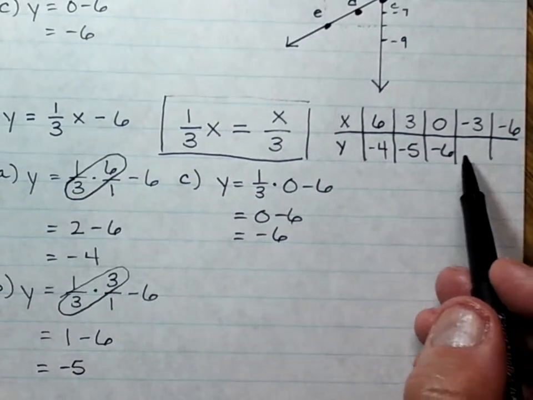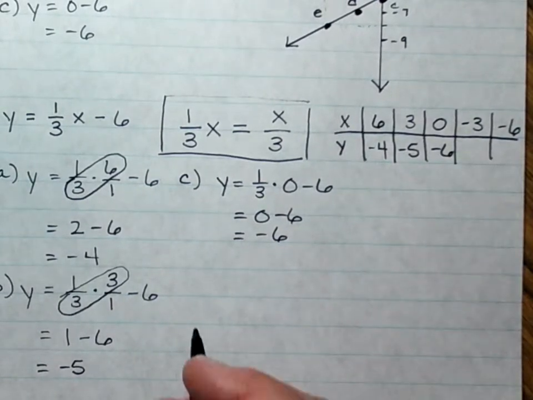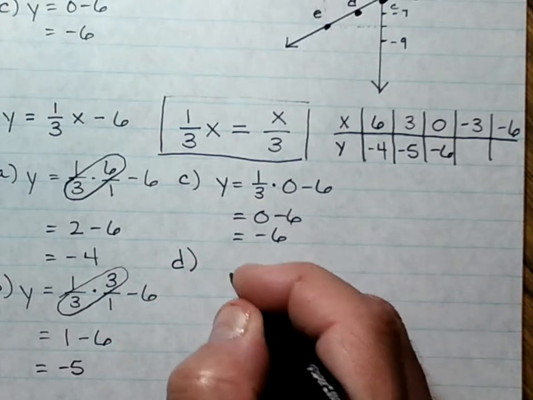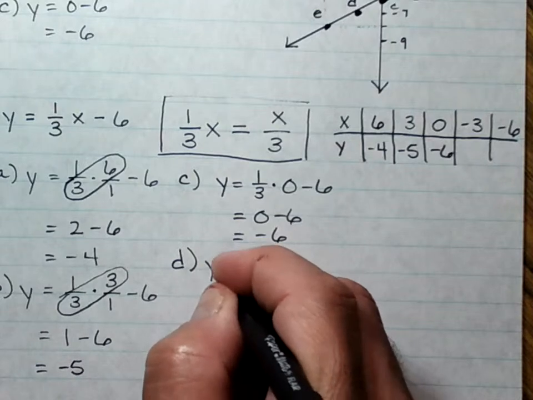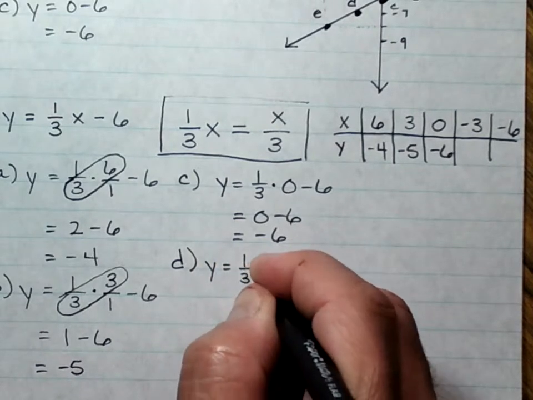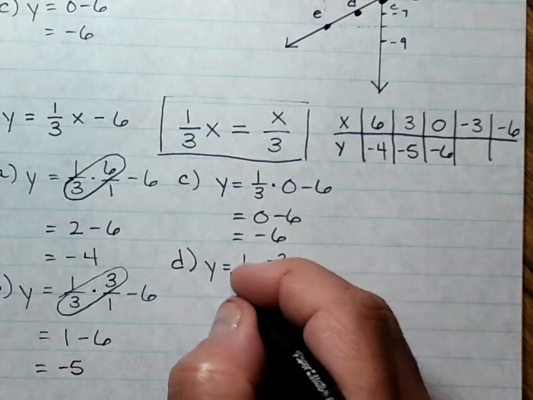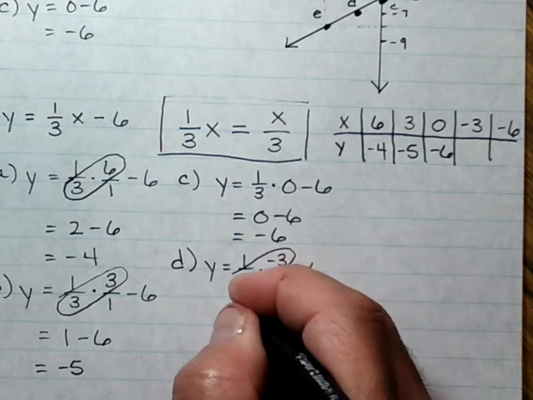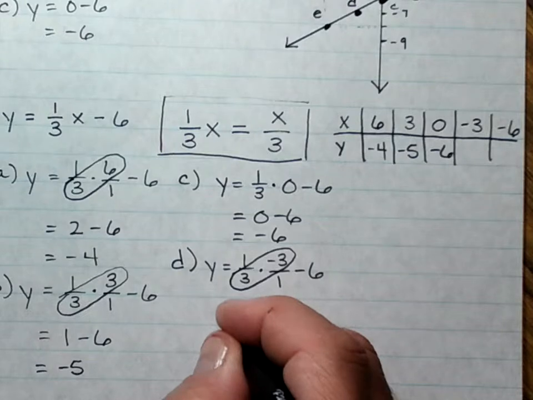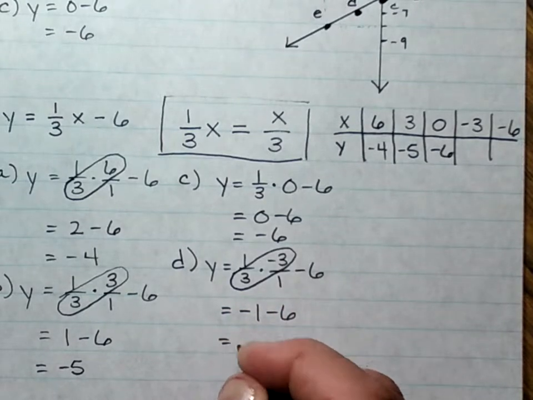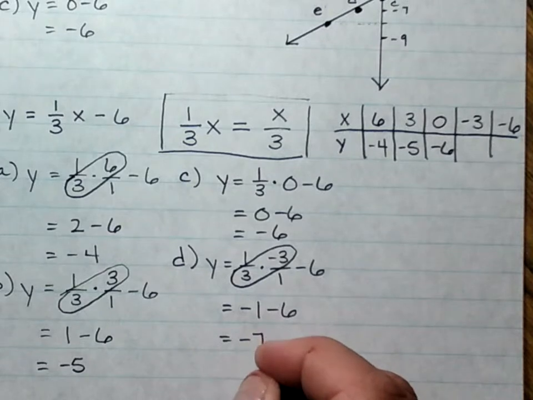You should already be thinking about what finishes that pattern. Y is equal to 1/3 times negative 3 minus 6. Again, what is negative 3 over negative 3? Negative 1. Negative 1 minus 6 is negative 7.